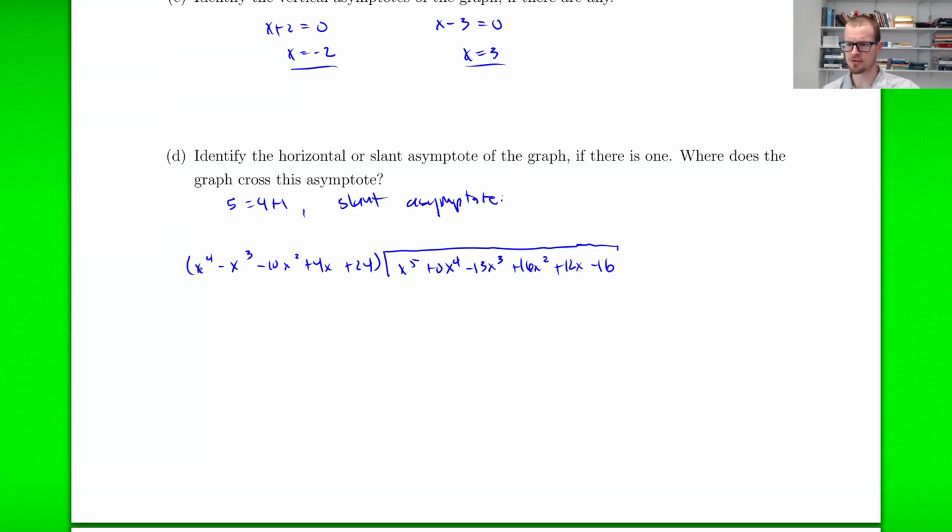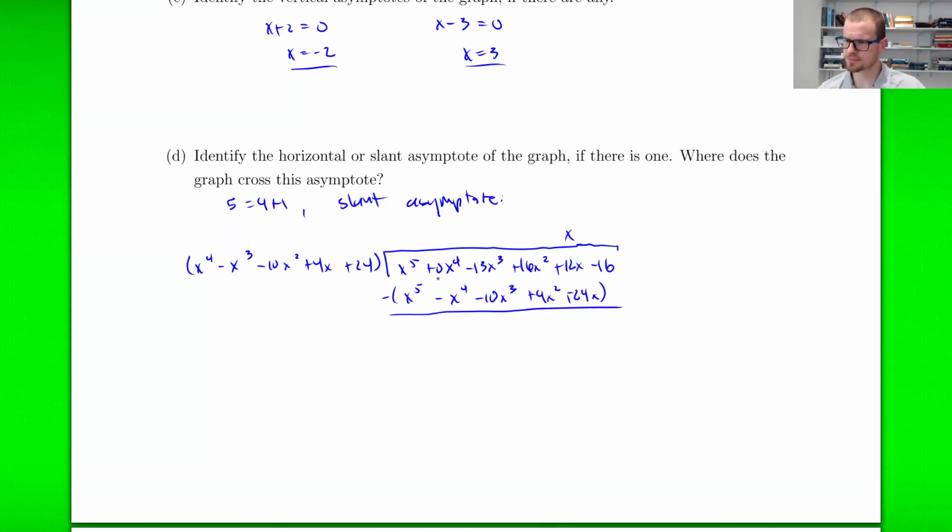So let's see here, make the coefficients match of the highest degree. I need to multiply by just x to get x to the fifth. So we'll have x to the fifth minus x to the fourth minus 10x cubed plus 4x squared plus 24x. There we go.